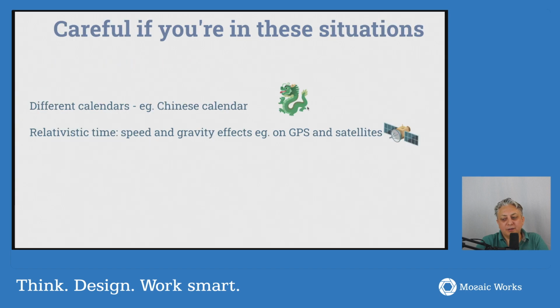Now, this will cover the common issues that we discussed, but there are other situations that we haven't even touched upon. And there are two big situations that you need to pay attention to. Different calendars, like the Chinese calendar, and relativistic time, speed and gravity effects on GPS and satellites.